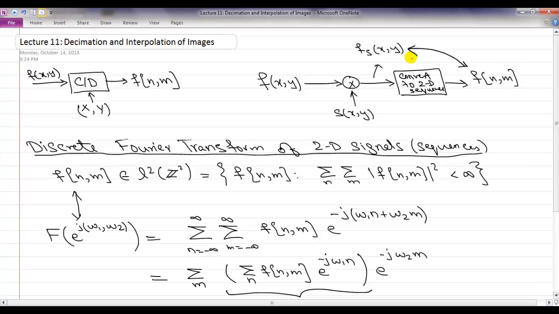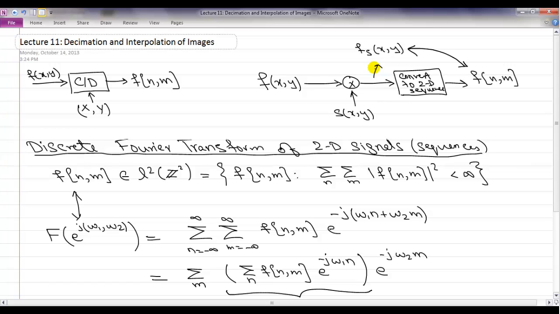Okay. Just like the 1D case, we will relate the Fourier transform of the sequence to the output after we multiply our signal with the Dirac comb. And in the last class, we had already investigated what the Fourier transform of the Dirac comb multiplied signal looks like.